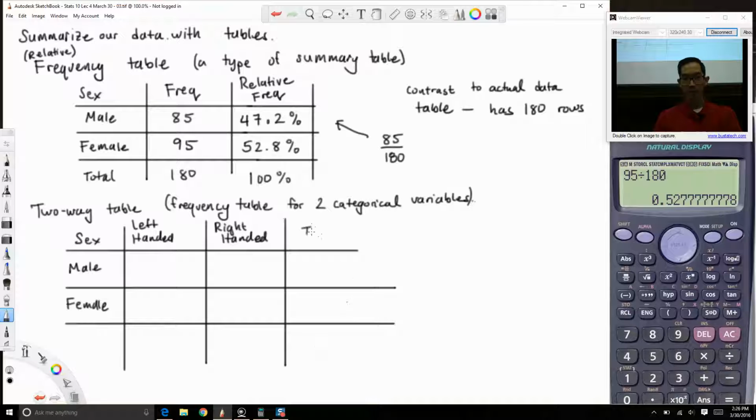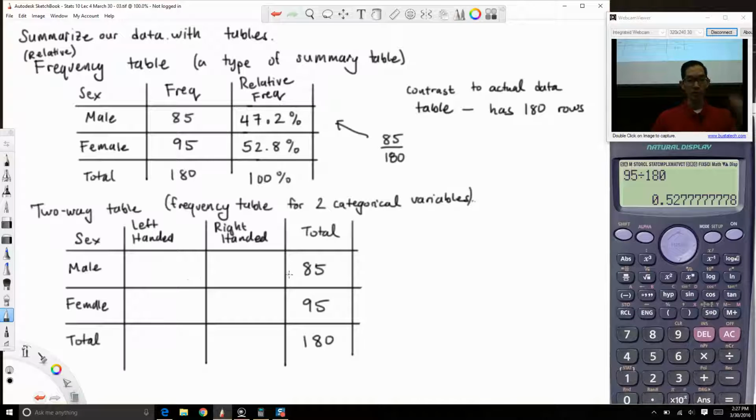Okay. And so we can fill out some of these numbers, like our total numbers here. Okay, so for males, we have a total of 85, and females we have a total of 95 for a total of 180, okay?